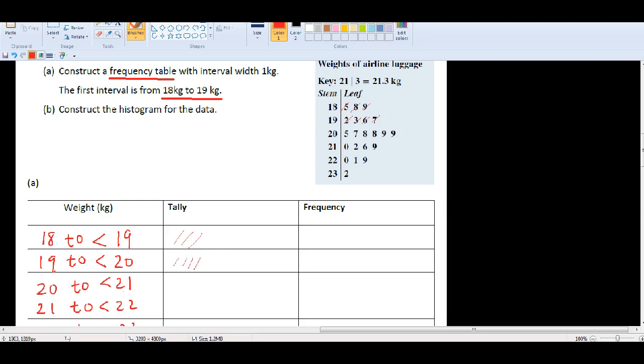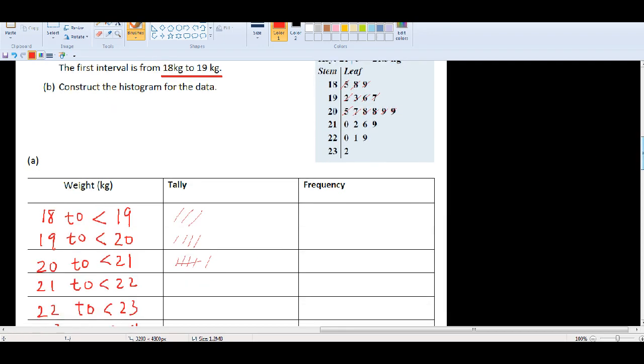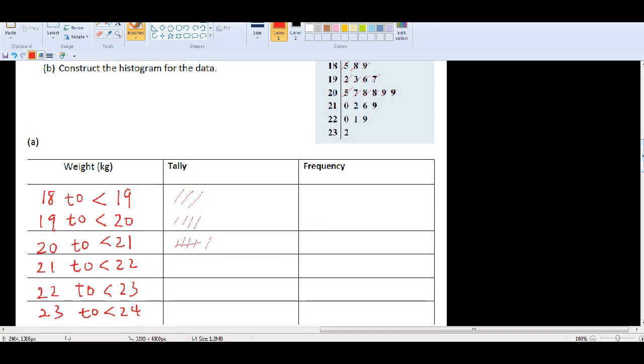Okay, 20 to 21. So you see, actually that's not that difficult, right? 1, 2, 3, 4, 5, 6. So 6 of them. The next one, 21 to 22. How many of them?